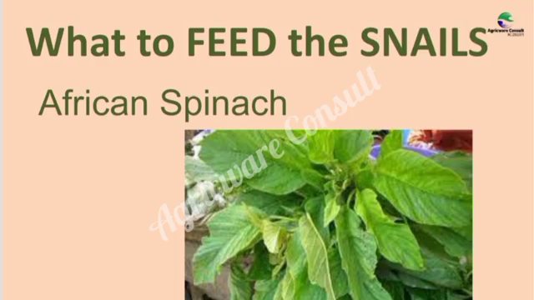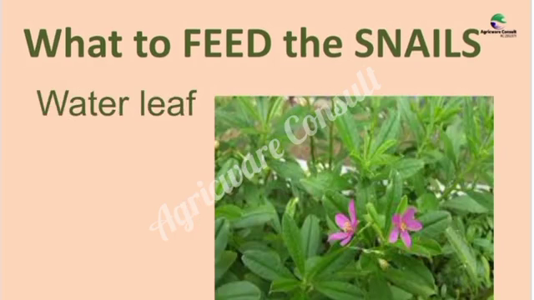African spinach can be presented to snails to support them optimally. Another thing that can be fed to snails is water leaves. Water leaves can be eaten by humans as well, and it is a succulent vegetable that can be presented to snails for optimal production.